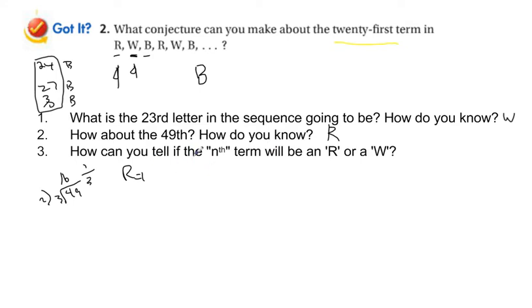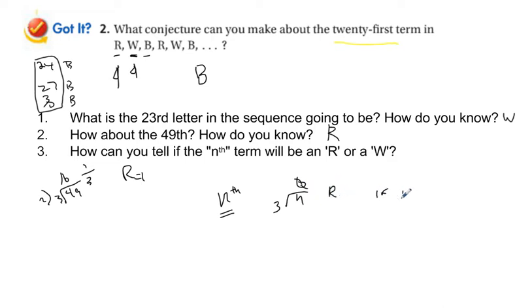So how can you tell if the nth term will be an R or a W? The answer is, you take the nth term, n meaning any value you want: the 50th, the 500th, the 5,000th. You take n, you divide it by 3, you get your quotient, and then you're left maybe with a remainder.